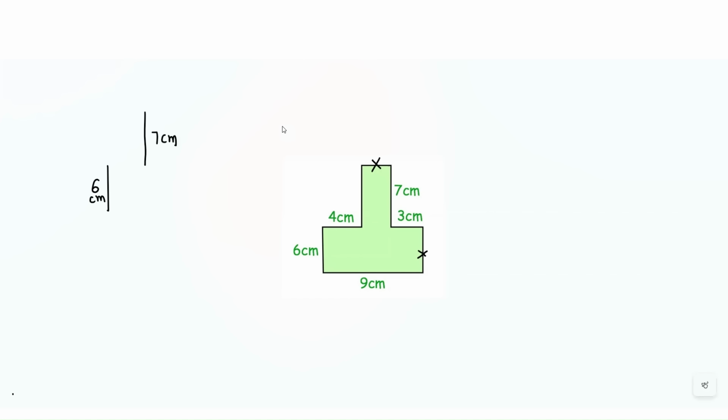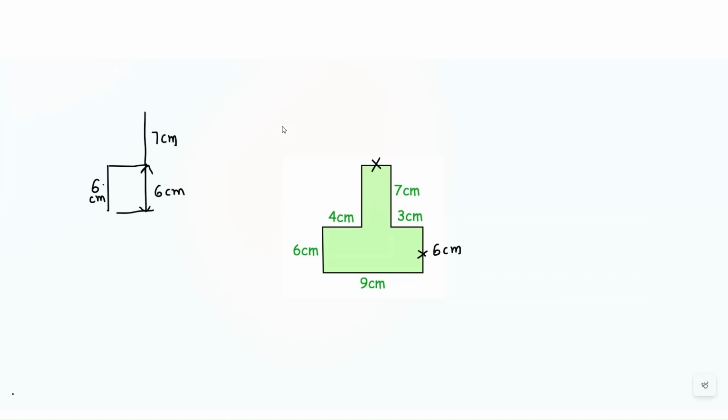And this vertical line is not given. This vertical line and this vertical line are equal, so it will be equal to 6 centimeter. You can also see that from the diagram itself.